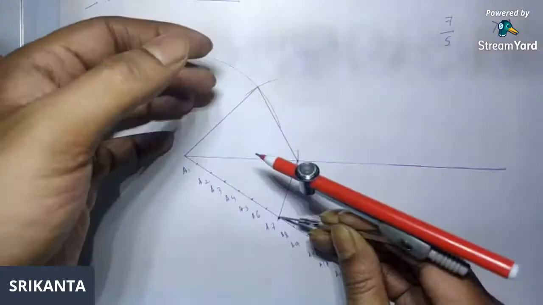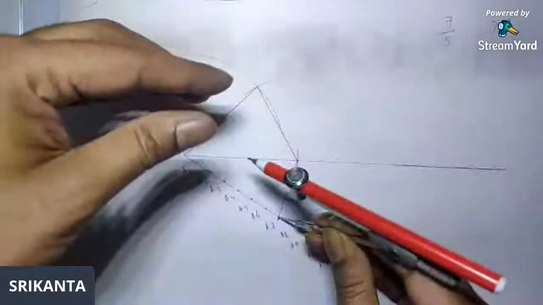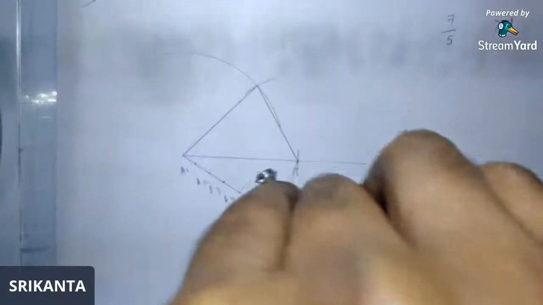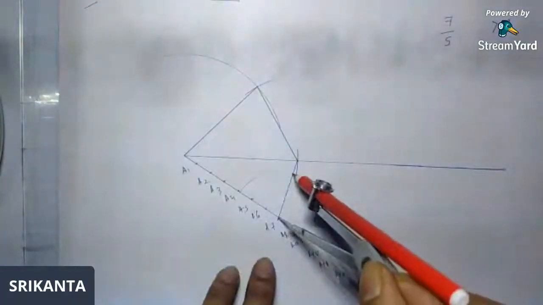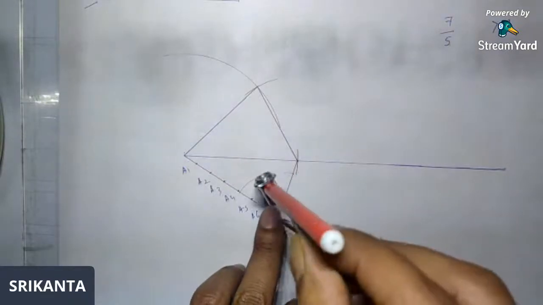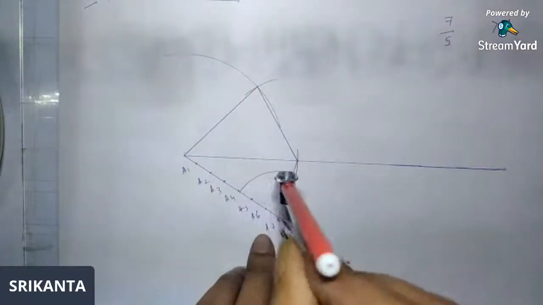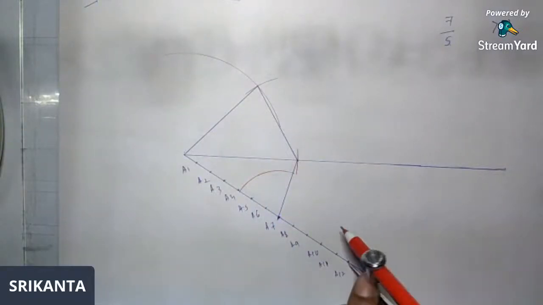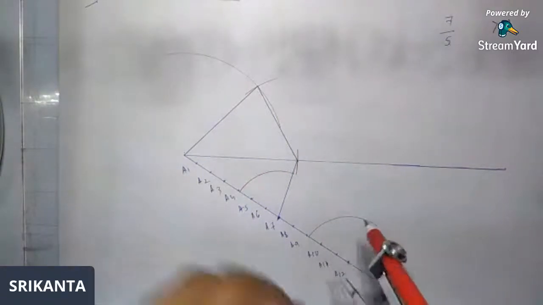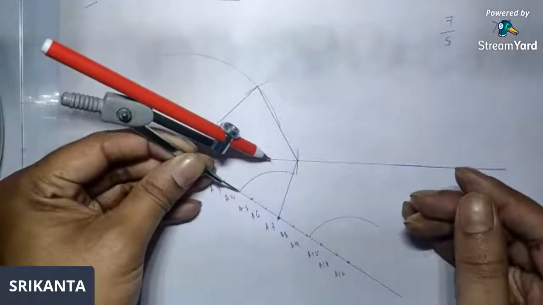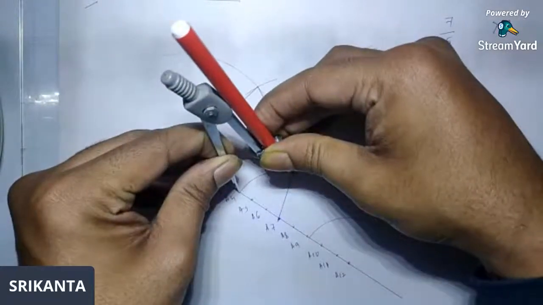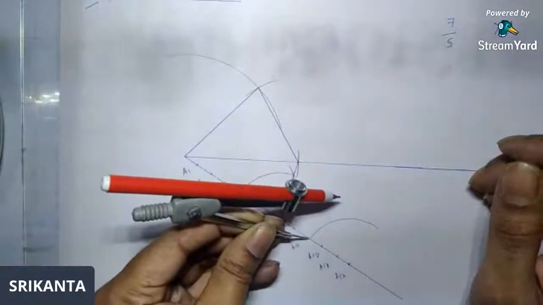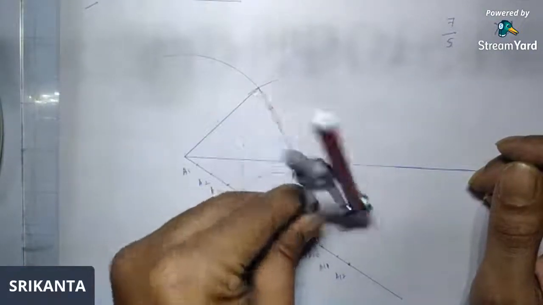Clear? So let us imitate. Take any arc, measure it. Clear? Then on 12th you imitate the arc. Clear? Then measure this portion. Okay, this portion measured, and put it here and cut.